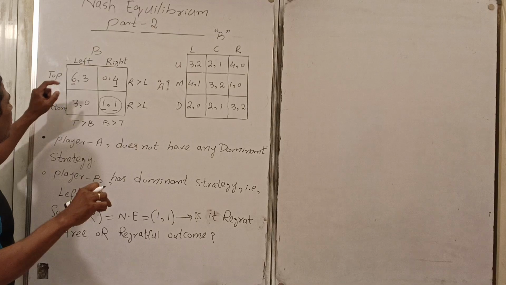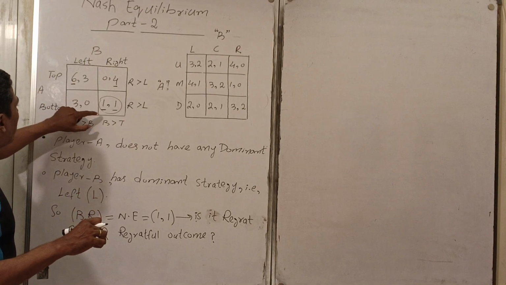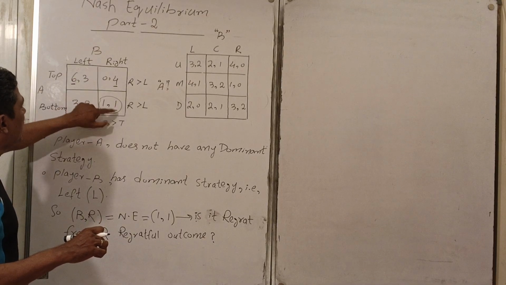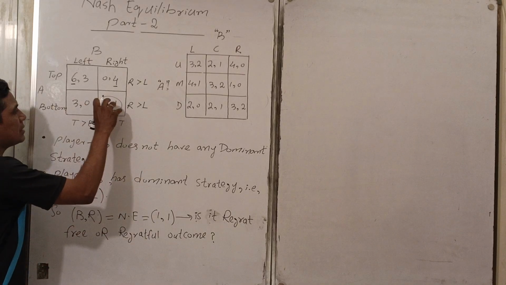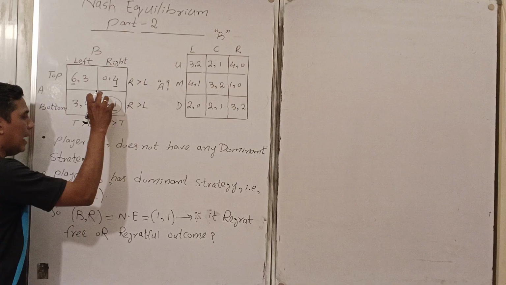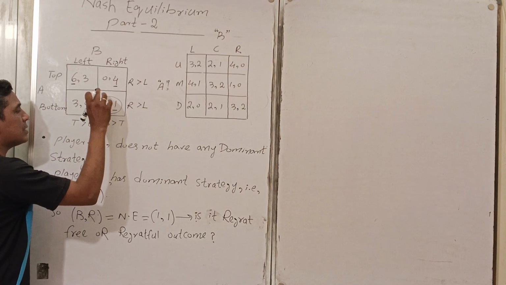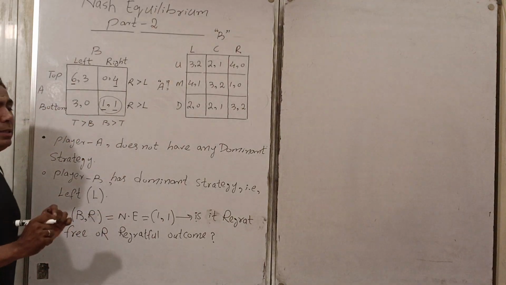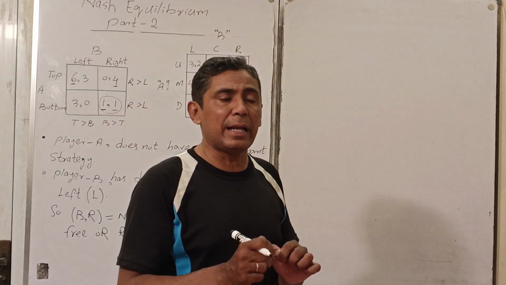So when we compare the R, ultimately the bottom is the best outcome given the condition that B is playing R. So that's why it is a regret free outcome. So that's why this outcome is a Nash equilibrium. When the outcome is a regret free outcome, this outcome is a Nash equilibrium.